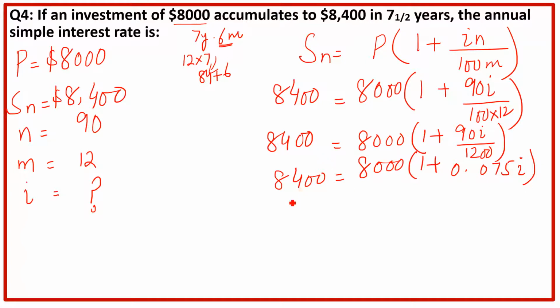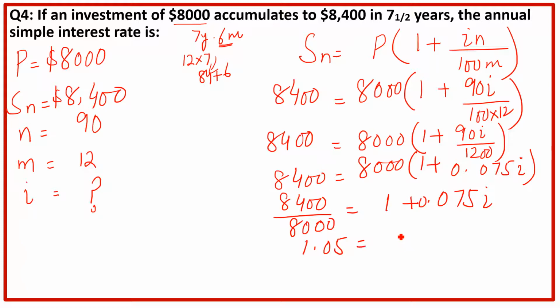Now we will take this 8,400, because 8,000 is multiplying with this, so on the other side it will divide 8,400. So now we have 1 plus 0.075i. When we divide 8,400 by 8,000, it is 1.05. So 1.05 equals 1 plus 0.075i.